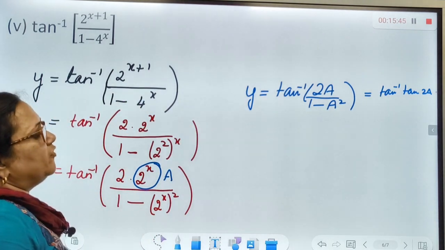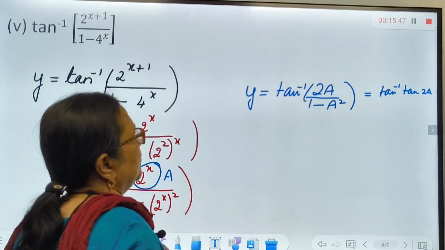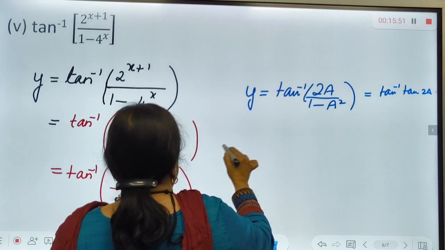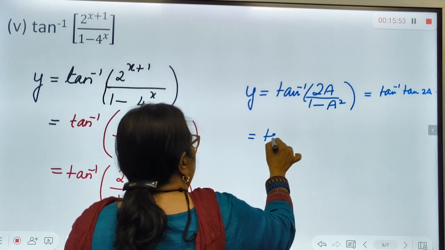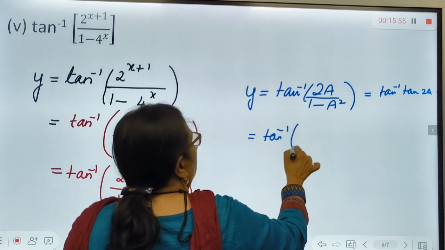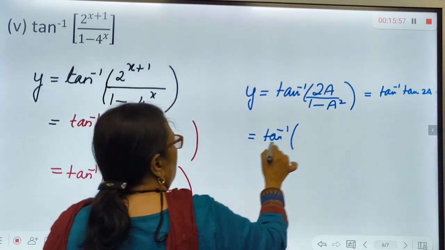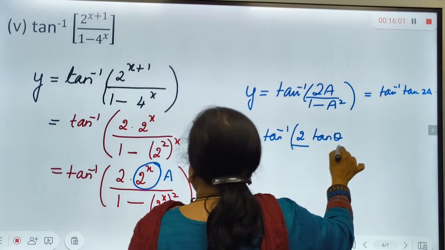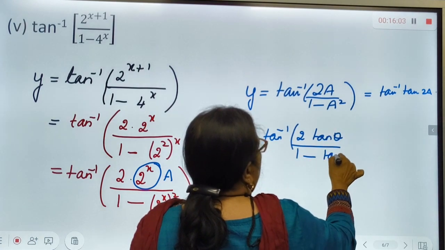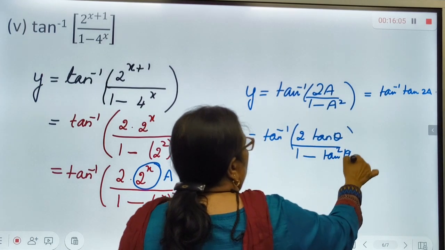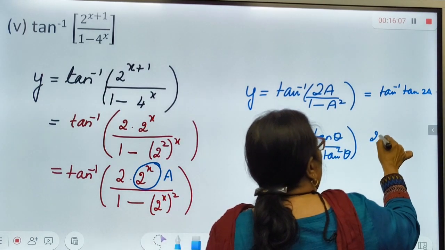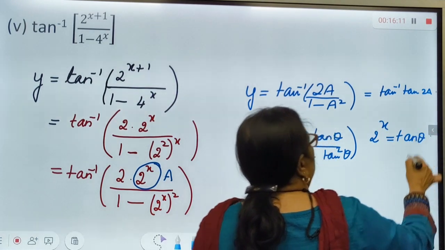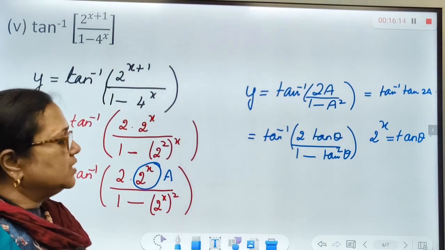Tan 2A formula is what? 2 tan A by 1 minus tan square A. So this can be written as tan inverse of 2 tan theta by 1 minus tan square theta, where 2 power x is tan theta. I am writing 2 power x as tan theta.